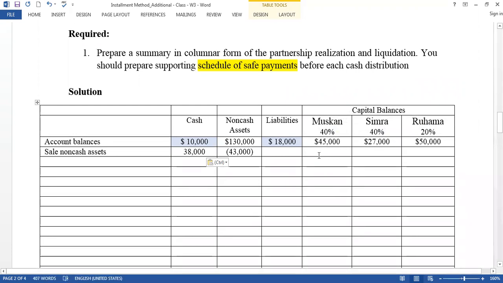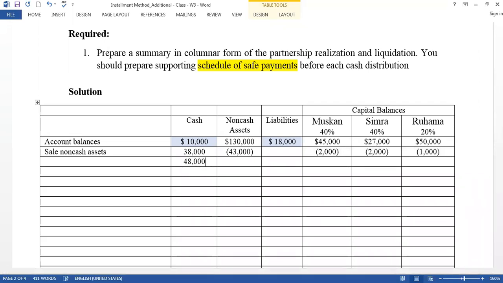Okay, so $5,000 we are going to distribute: 2,000, 2,000 and 1,000. So we sell our non-cash asset, we receive cash, and we allocate the loss, right?